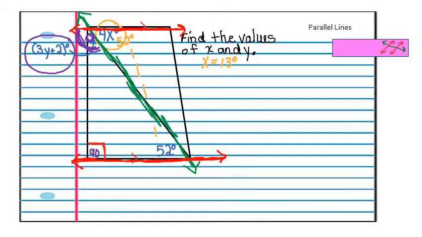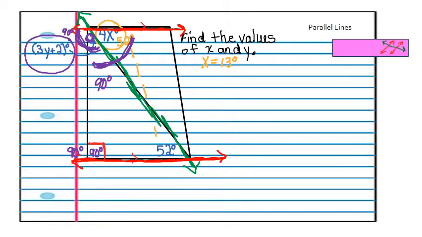Now, remembering that this is 90 degrees, which means that this is 90 degrees over here. That's the definition of perpendicular lines and congruency of right angles. That up here is also going to be 90 degrees on the other side, which means these two together, gotta follow along here, these two together are going to equal 90 degrees.